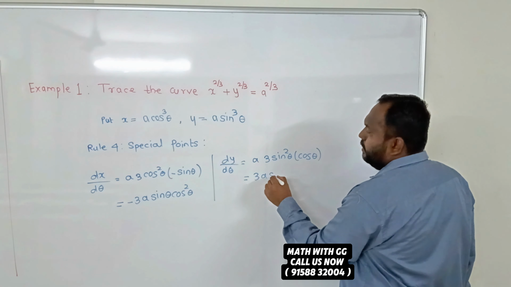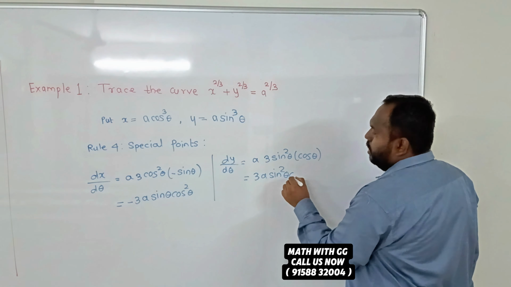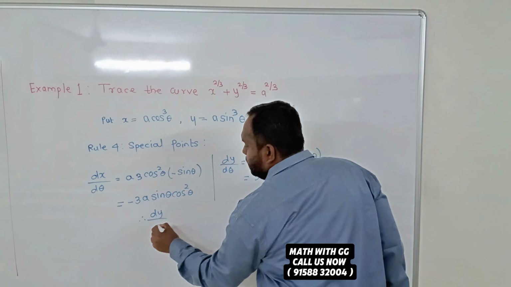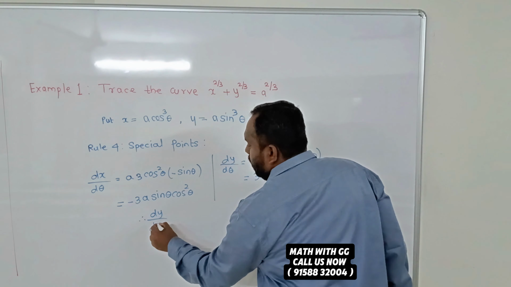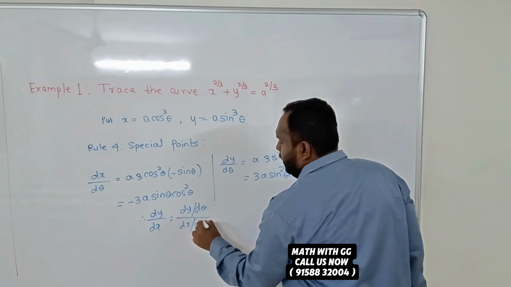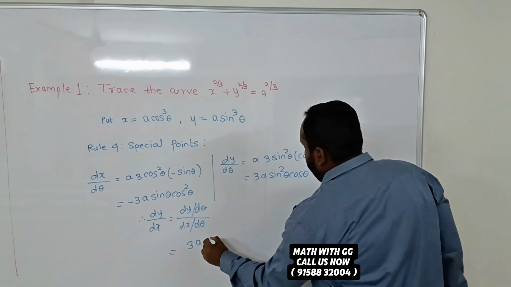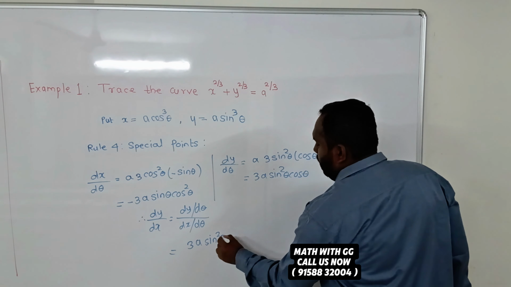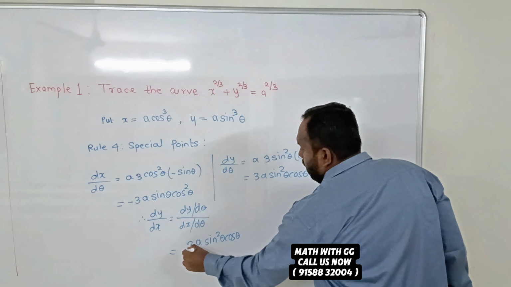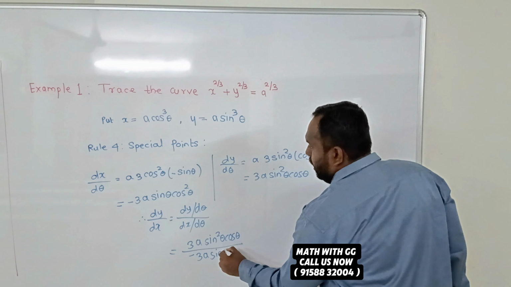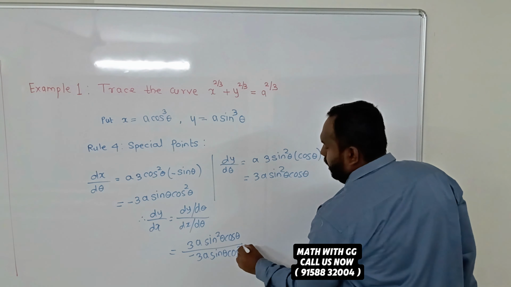So 3a sin square theta cos theta. Therefore, dy by dx equals dy by d theta upon dx by d theta. So, if we substitute these values, we get 3a sin square theta cos theta upon minus 3a sin theta cos square theta.